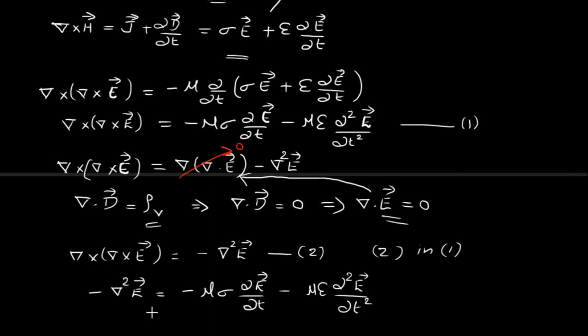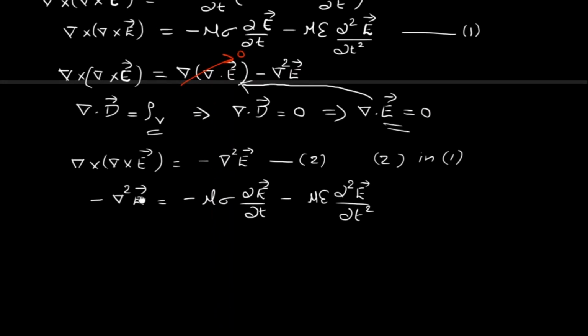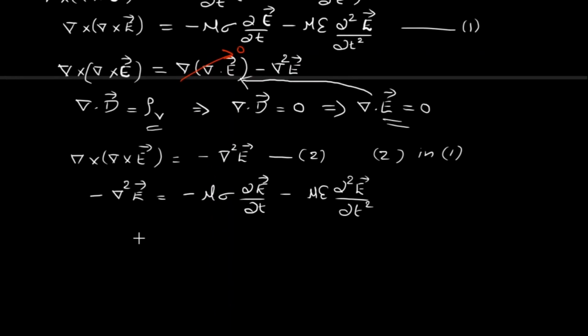Now I have these minus signs throughout this equation, so I can rewrite it in a better form as del square E equals mu sigma del E by del T plus mu epsilon del square E by del T square.